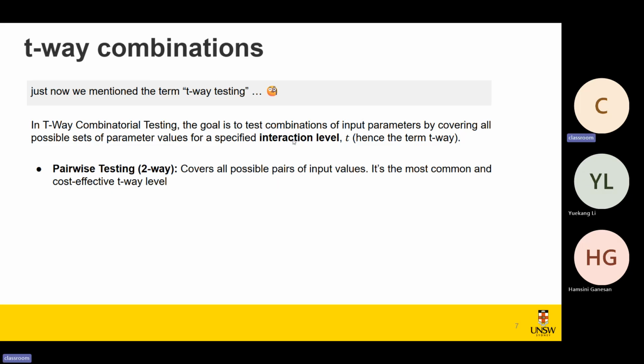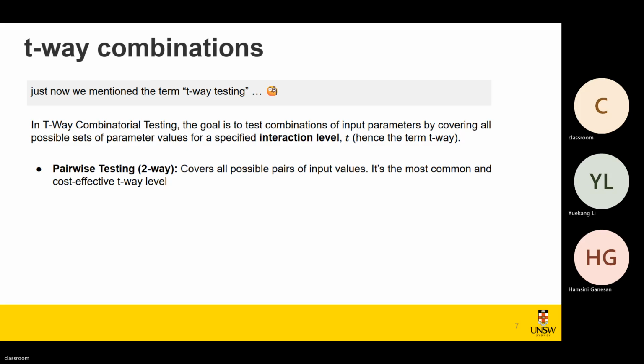Let's have a look at some examples of different levels. If T takes the value of 2, then we are doing pairwise testing, which means we try to create a test suite that can cover all possible pairs of input parameter values for the program we are trying to test. So we try to cover all possible pairs of any two parameters.